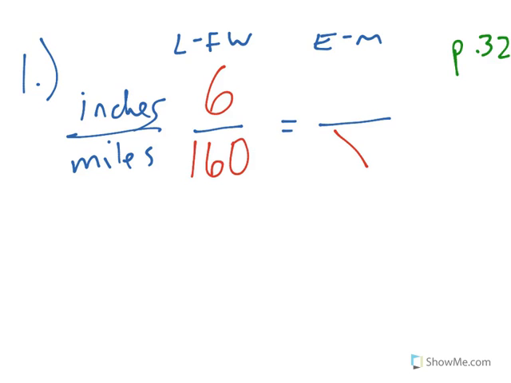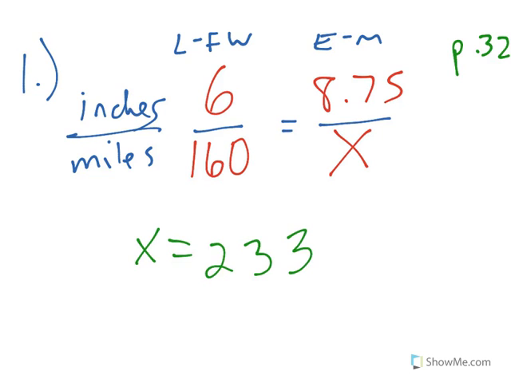Well, how many miles would it be from Evansville to Muncie if it's 8.75 inches on the map? So you can see it's more inches on the map, so it should be more miles. Cross multiply, and you should get an answer of 233.33 miles, and I did round that answer.